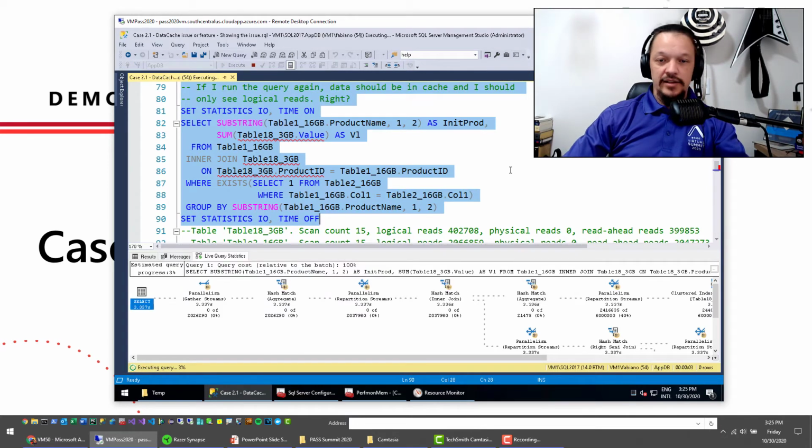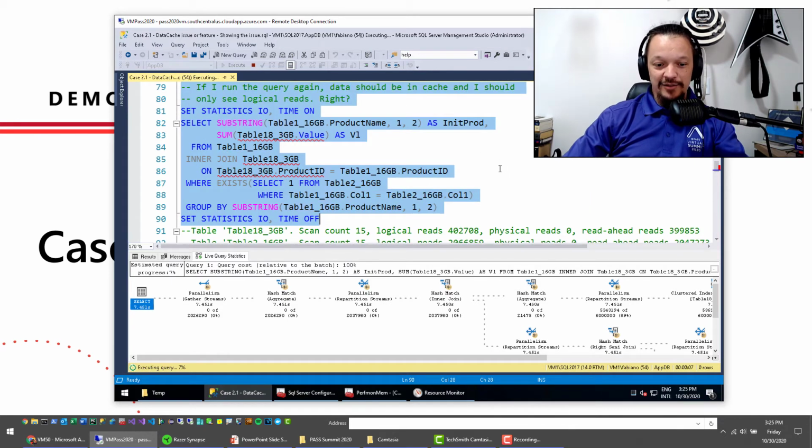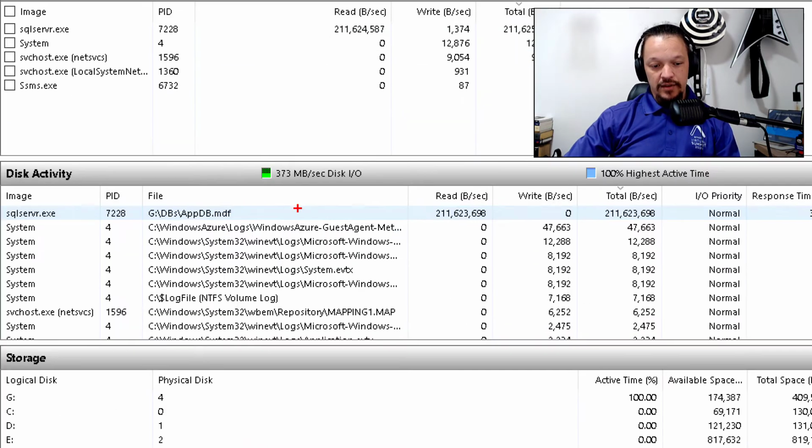And it's still running. Well, I can already tell you that it's not doing logical reads because it's taking too much time. If it was all in memory, it probably would have finished already. And if we look at the resource monitor here, we'll probably see, yep, there we go.